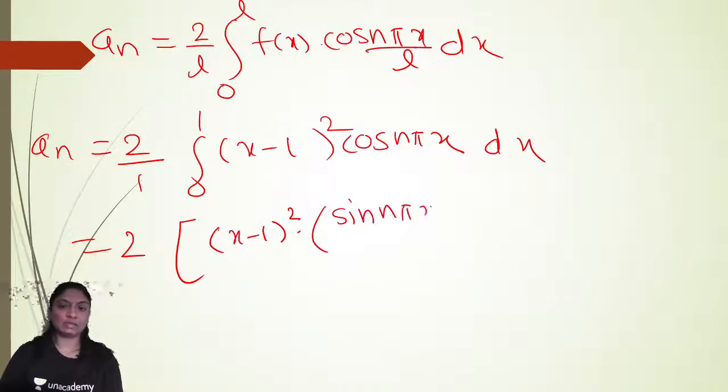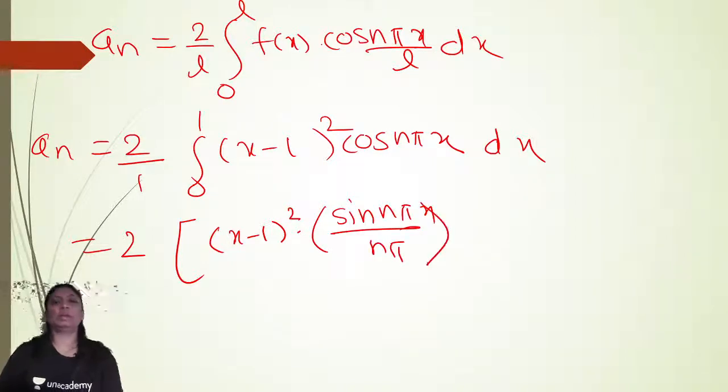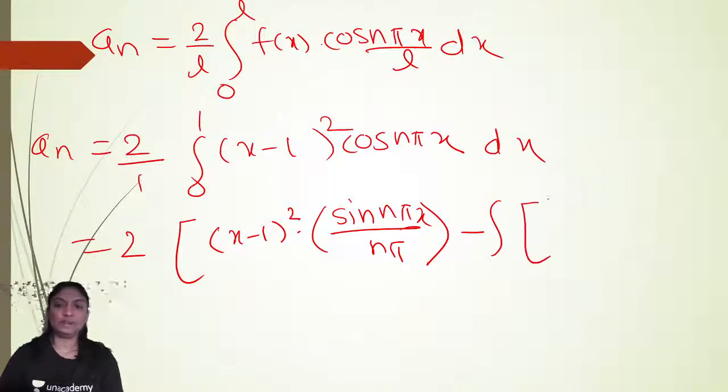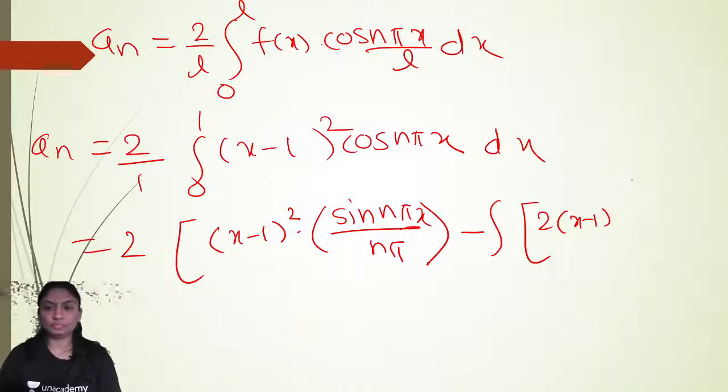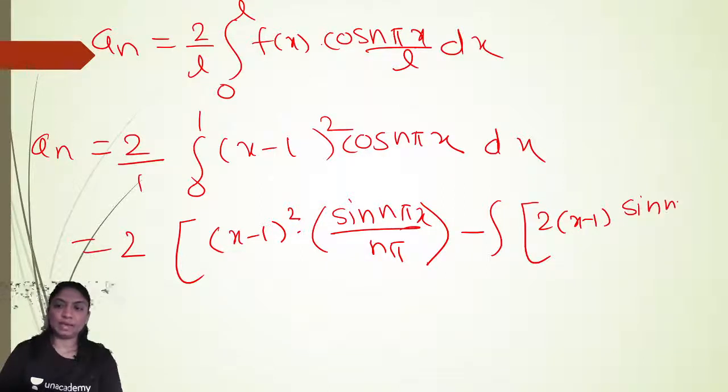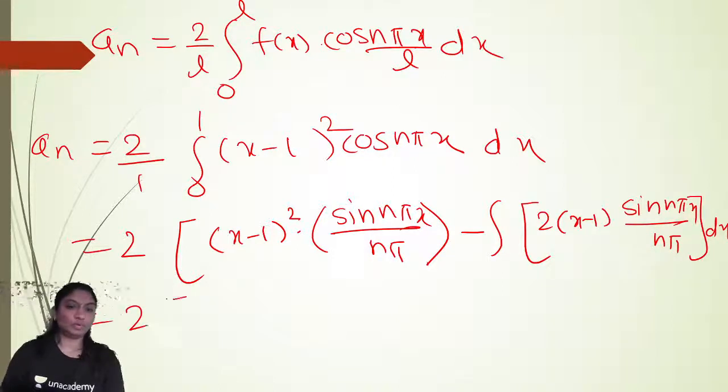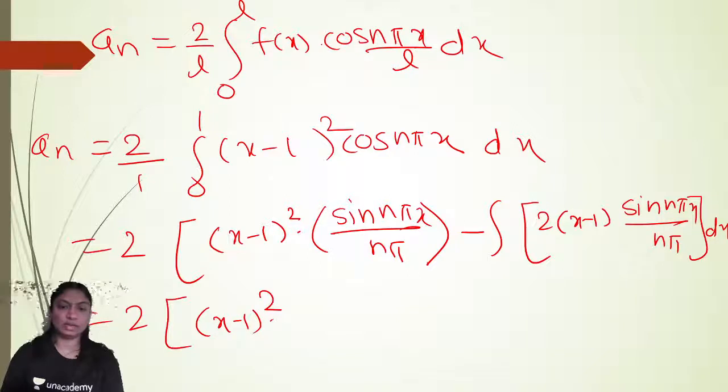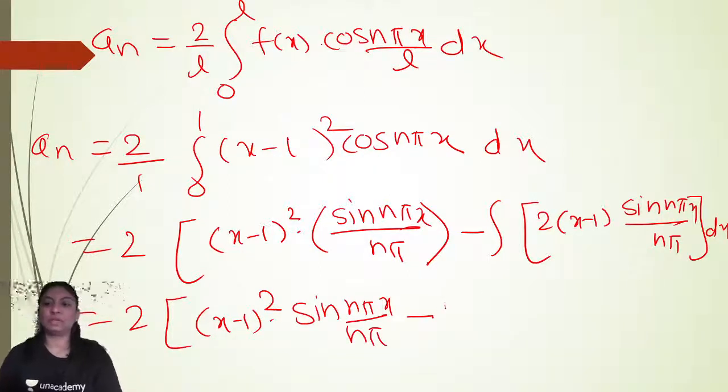sin n pi x by n pi, minus integral of derivative of first: 2 into x minus 1 bracket square, derivative is 2 into x minus 1 into derivative of x minus 1 which is 1, into integral of second, sin n pi x by n pi dx. So 2 into x minus 1 bracket square into sin n pi x by n pi minus 2 into bracket.